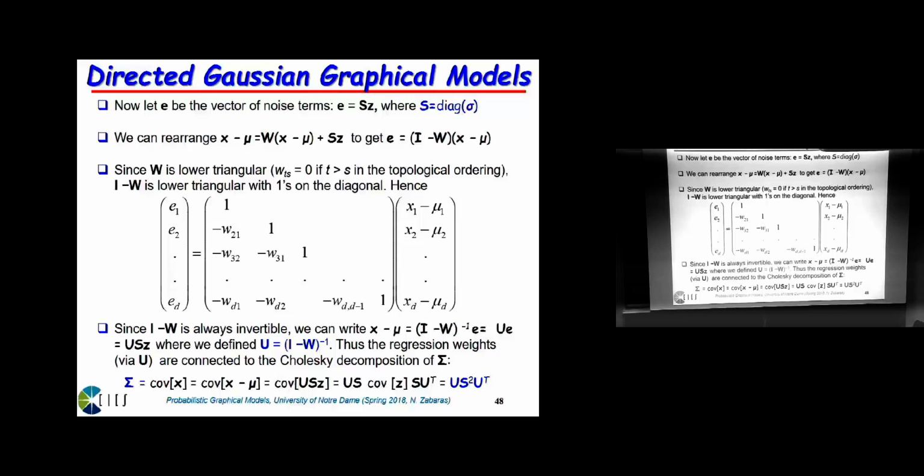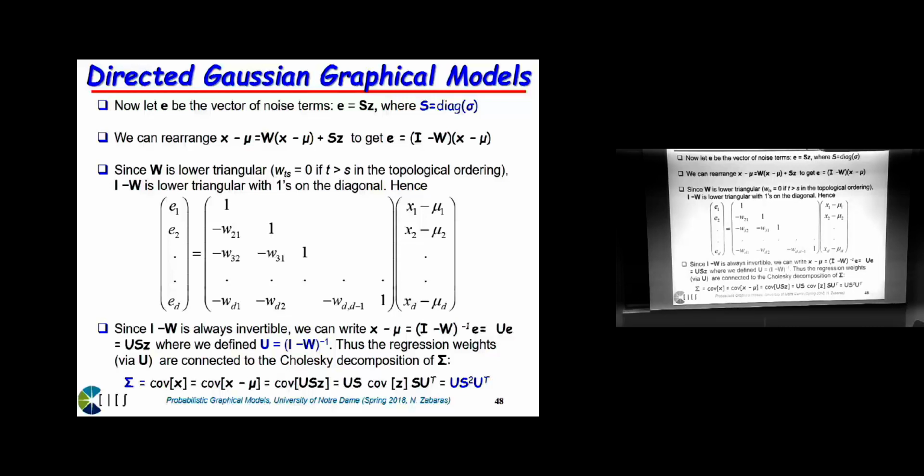Z is my noise vector. And the covariance of U times S times Z, from the classical identity from your probability course, is US times the covariance of Z times the transpose of this, SU transpose. So this is identity, so you get U S squared U transpose.